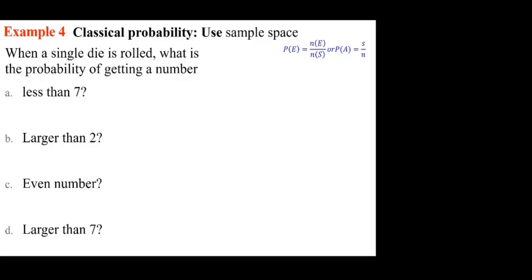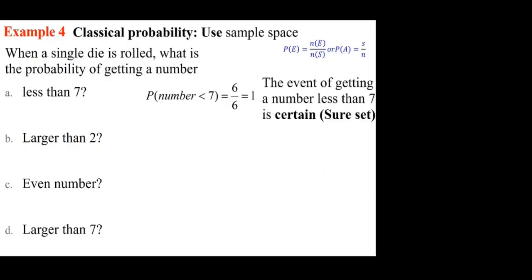We already know there are 6 sides, so we already have the denominator. All numbers are obviously less than 7, so this is a sure event. Because every number is less than 7, 6 over 6 gives us 100%. This is known as a sure set or a certain set.